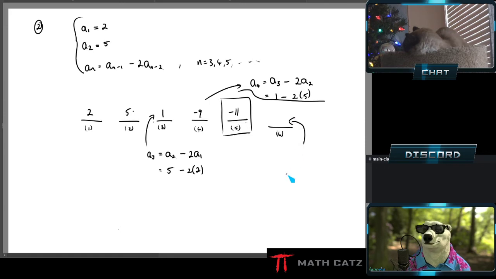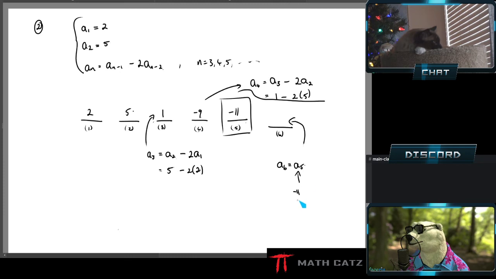Let's write it out again. I'm in position 6. I'm interested to find this term. So n is 6 for me right now. So what I'm looking to find is A6. This tells me how to do it, regardless of what my n is. Right now it's 6. I need to find A5, which is one position less than where I'm at, which is going to be negative 11.